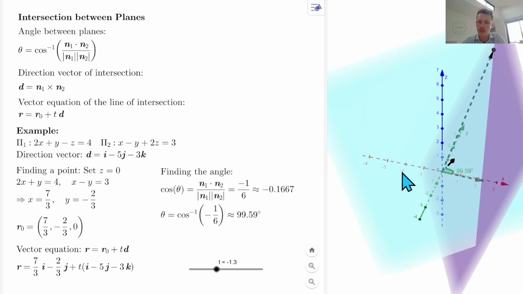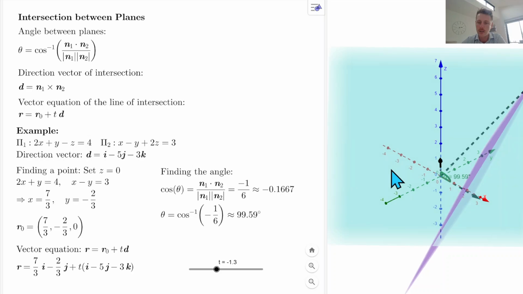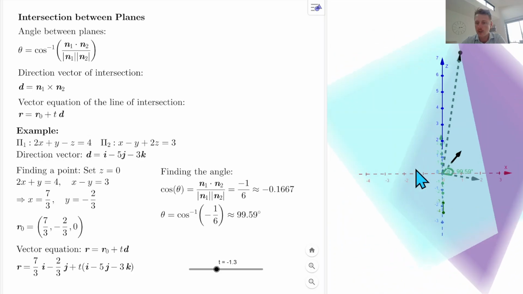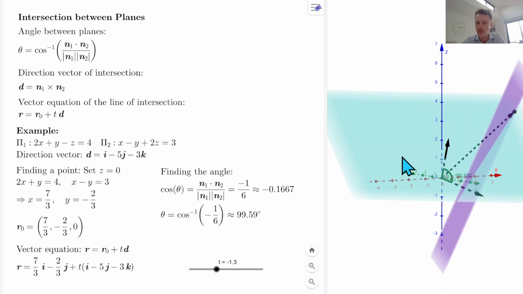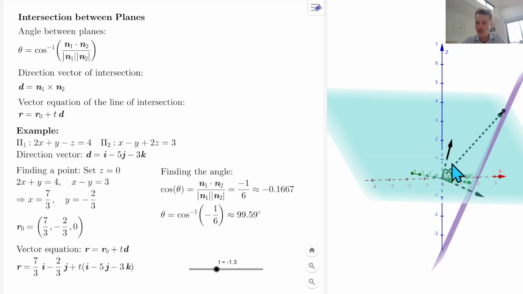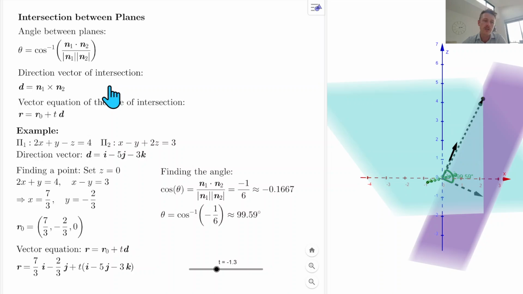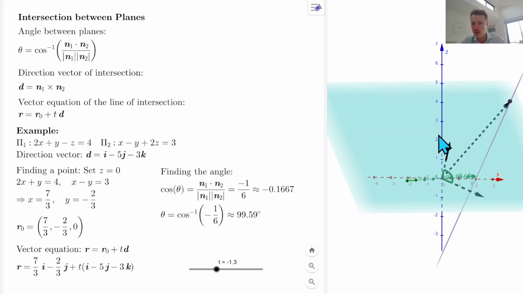Just so we're clear, whenever we have two planes, they might intersect if they're not parallel, and then we want to find the angle between them. The direction vector of intersection is the cross product between n1 and n2. You've got these two planes intersecting, and the direction of the vector of intersection is going to be perpendicular to both of those normals.